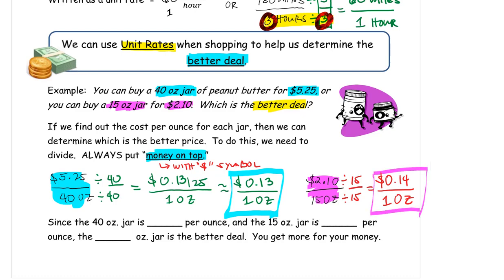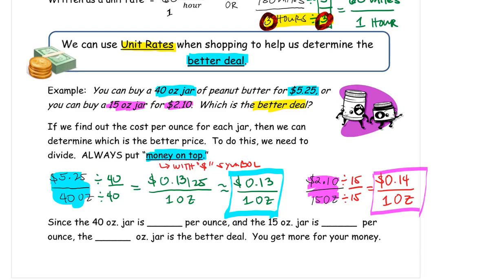Okay, so now the second rate gives you the value 0.14 compared to 0.13.